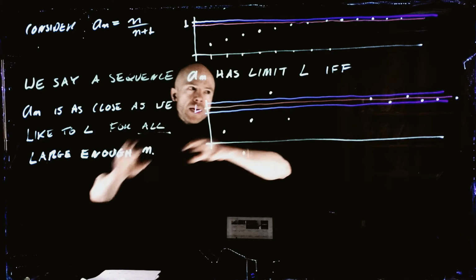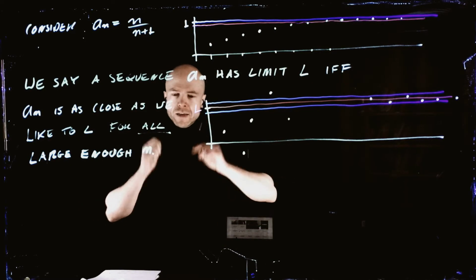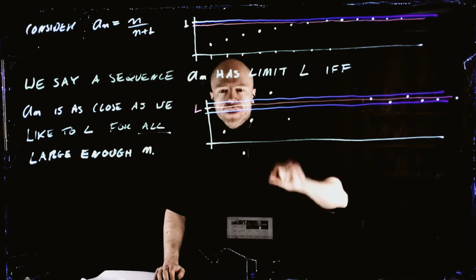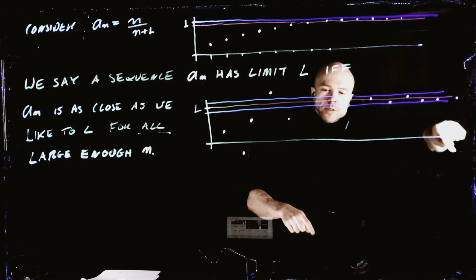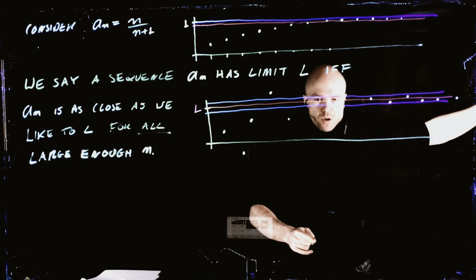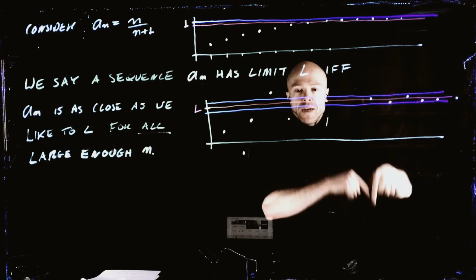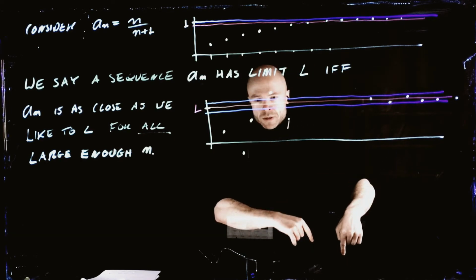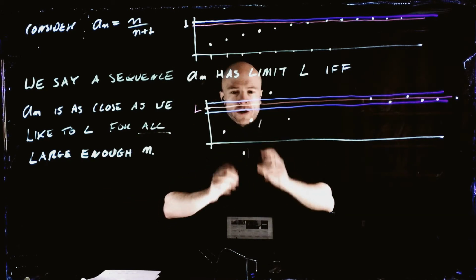When you say something has a limit, you are signing a contract. You are making a deal. You're saying, I can get you to within whatever accuracy you want of this number L, so long as you allow me to take my points of my sequence far enough to the right above every number bigger than whatever number I tell you I need. Yeah? That is what a limit is saying. It's a very strong contract you've made.